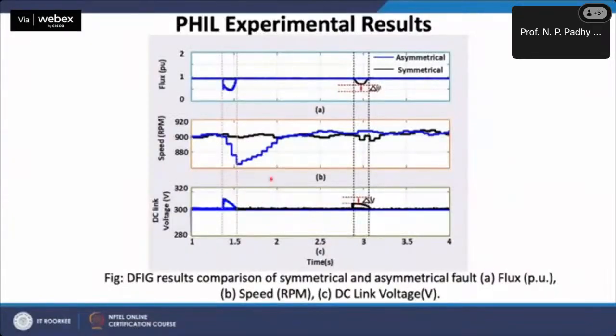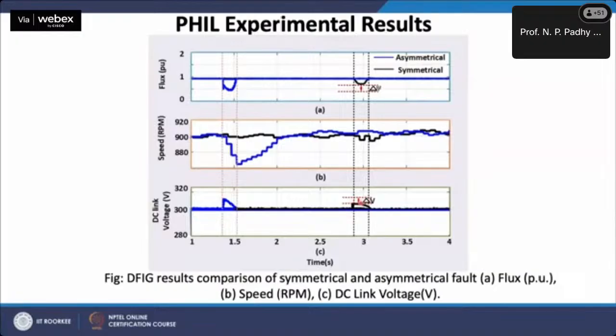A clear distinction between the symmetrical and asymmetrical fault is shown in the figures, which highlights the considerable difference in flux, speed of the rotor and in the DC link voltage variations.